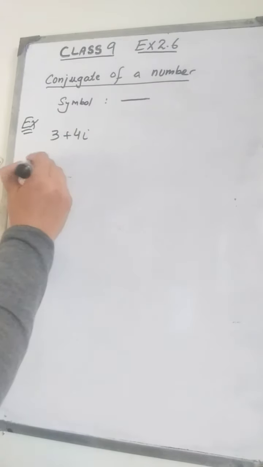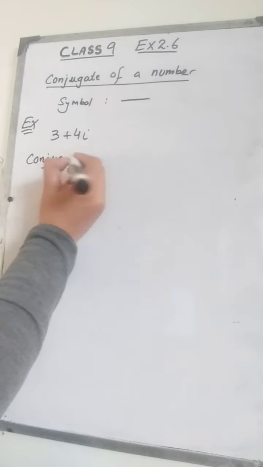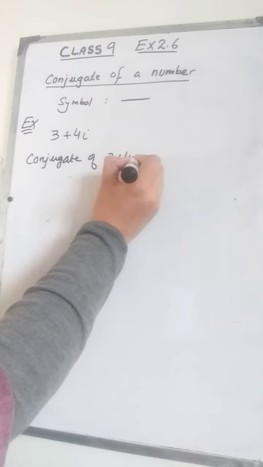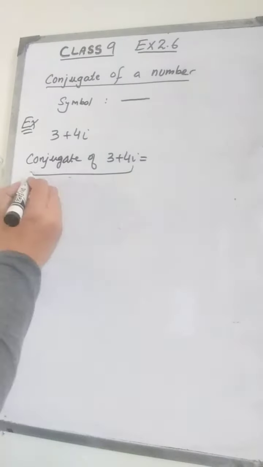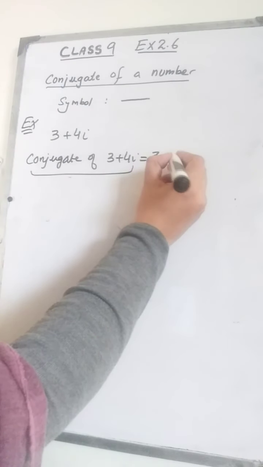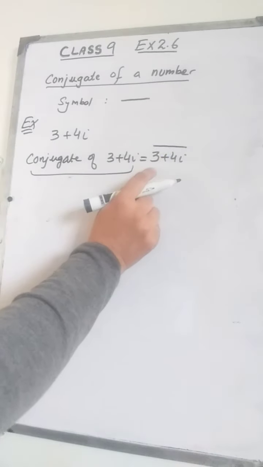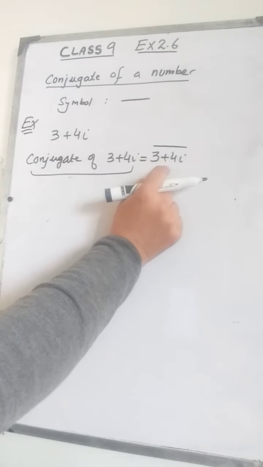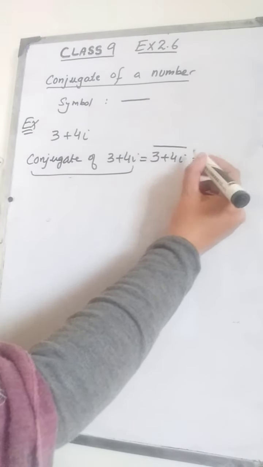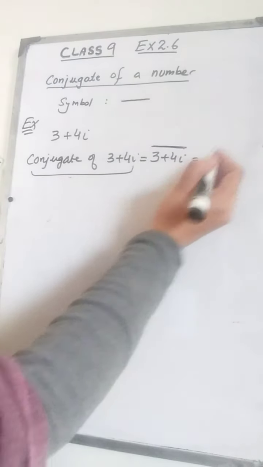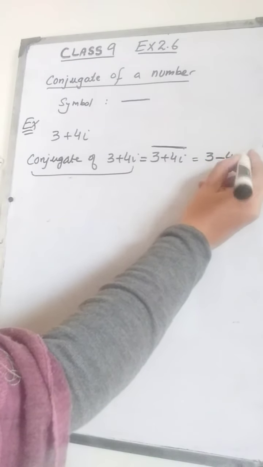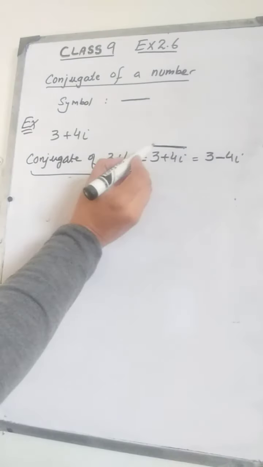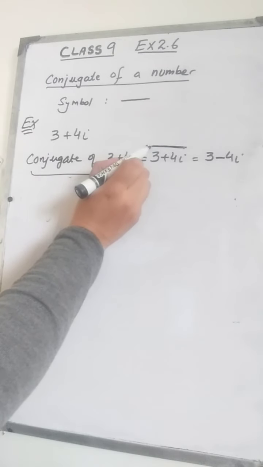Now if you want to find the conjugate of 3 plus 4 iota, then instead of writing all these things, you just denote it by 3 plus 4 iota bar. Okay, this represents the conjugate of 3 plus 4 iota. This bar means you have to take the conjugate of this number which is under the bar sign. So whenever you see a bar sign, it means you have to take the conjugate. This is 3 minus 4 iota. So 3 plus 4 iota bar will be 3 minus 4 iota. This symbol is the symbol of conjugate. They are asking for the conjugate.